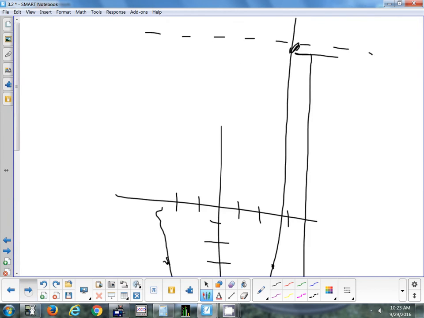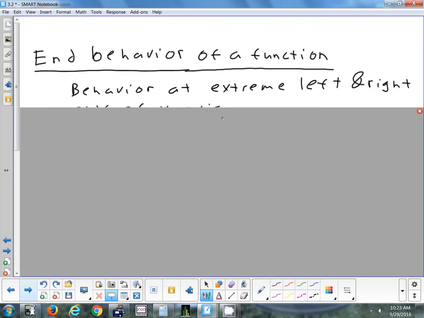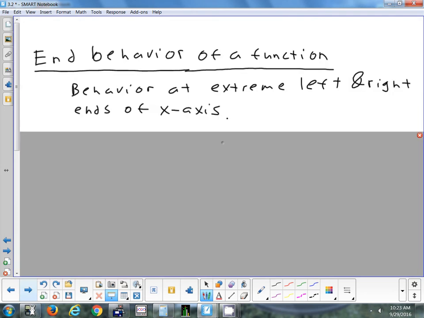All right. So then last thing we're going to look at is end behavior. So end behavior basically allows us to predict what the function looks like way, way on the left or the right side. So for example, when we talk about a parabola, it either looks like this.